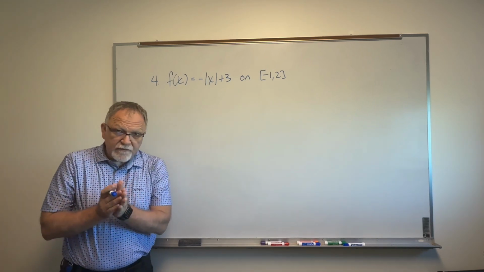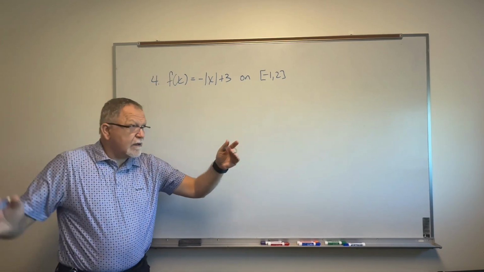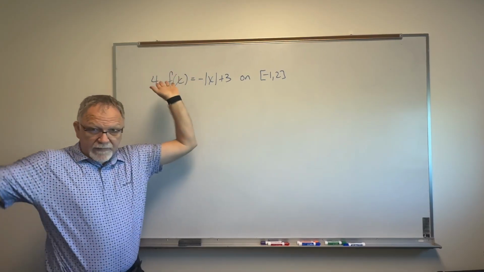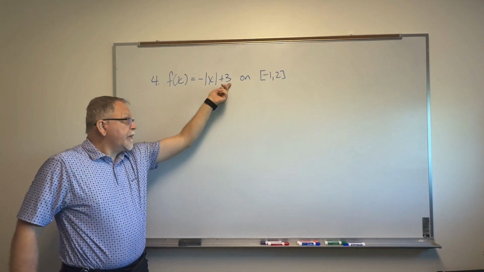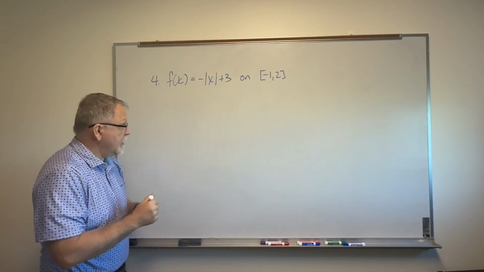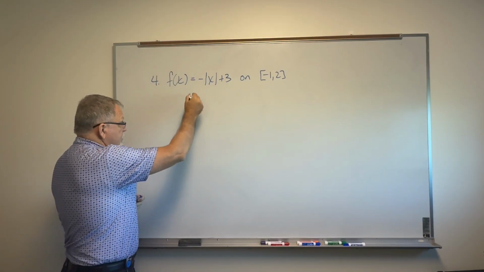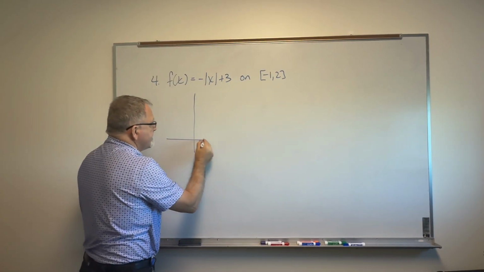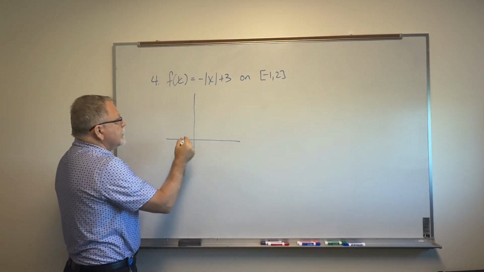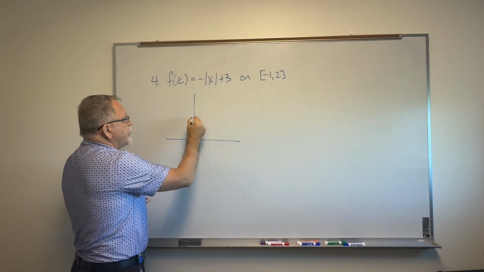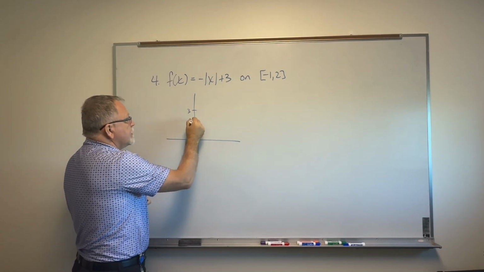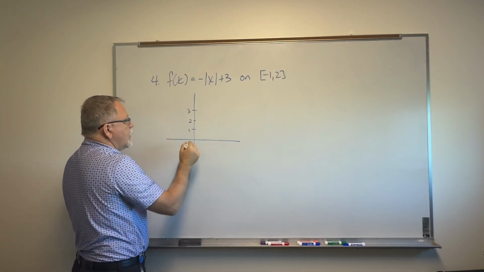I know the absolute value of x is a V. The negative is going to flip that V upside down, and the 3 is going to slide that function up. So if I graph this function, it's going to be up here at 3, so there's 3, 2, and 1.